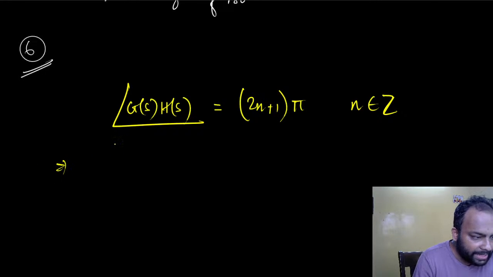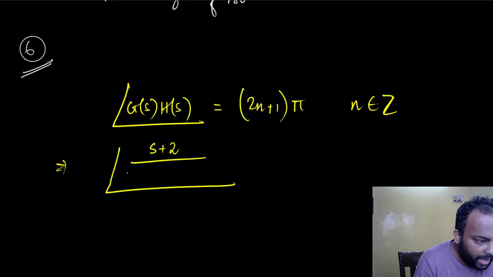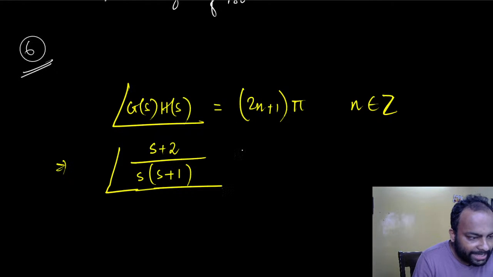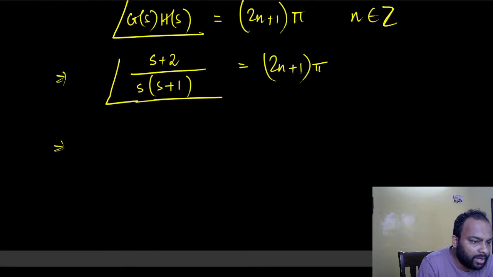So it implies that the angle of the whole transfer function, which is s plus 2 divided by s times s plus 1, has to be an odd multiple of pi, 2n plus 1 times pi, and later on we're just going to land up with a particular value of n here.